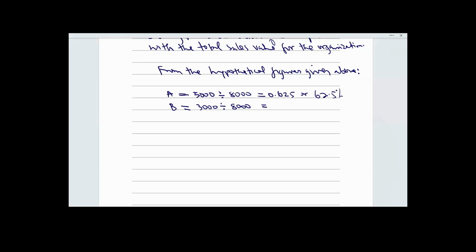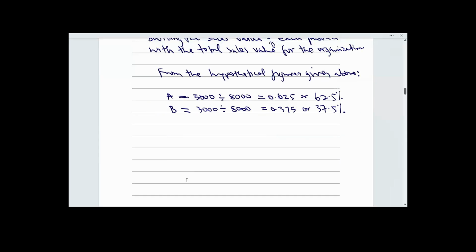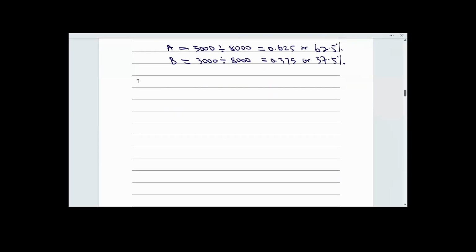That's the proportion of product A. So that means B will be equal to 0.375 or 37.5%. By the time you add it up, it has to be equal to 100%. Okay, so this is how to find the sales mix. Step 4, I'm going to match step 4 and 5 together. But before that, let me separate that.